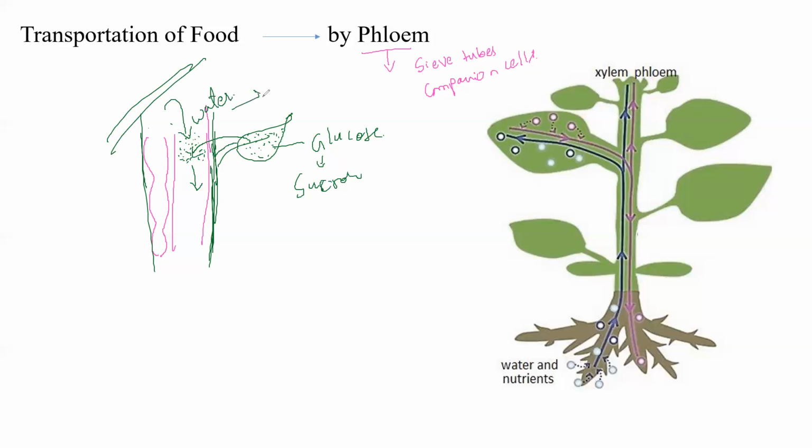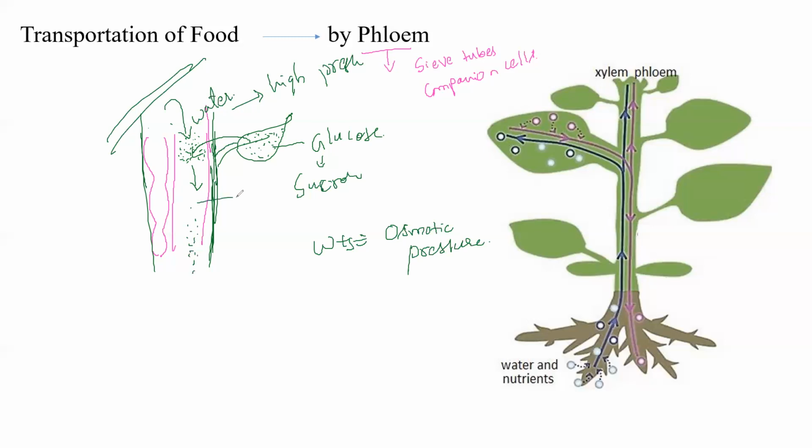And it generates high osmotic pressure, a high pressure region, where the sucrose and water get mixed. Water plus sucrose creates osmotic pressure. Then from the high concentration, high pressure region to the low pressure region, the food particles are transported.